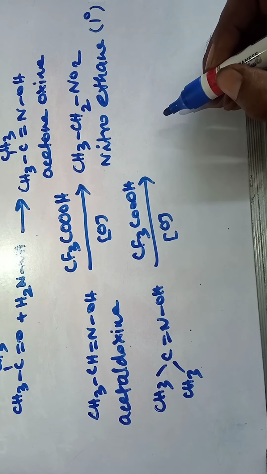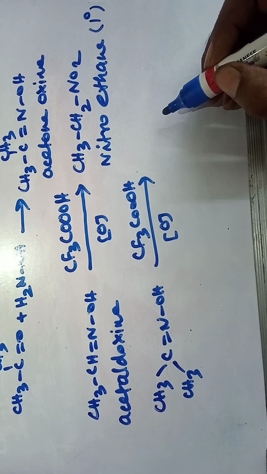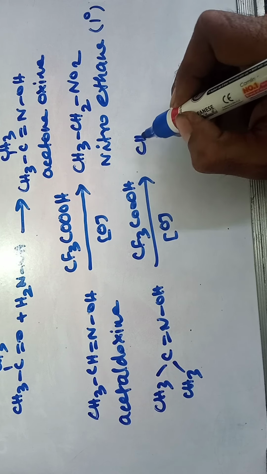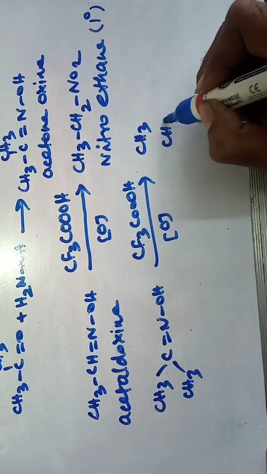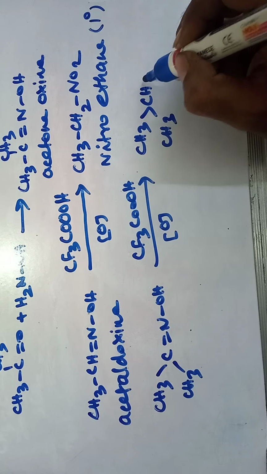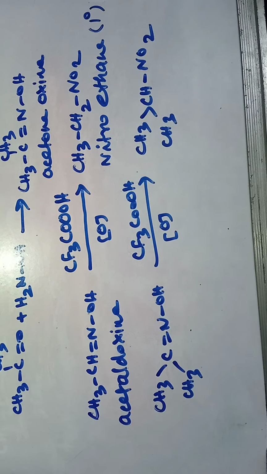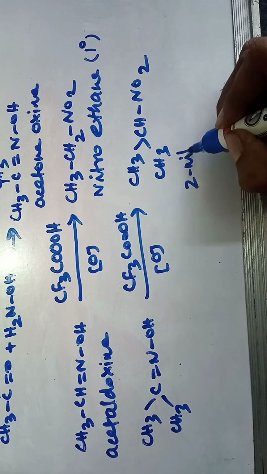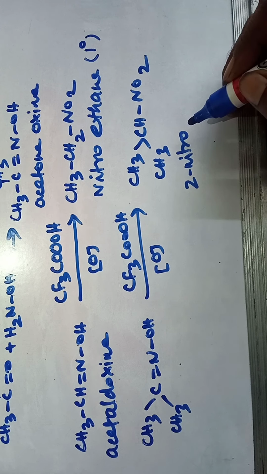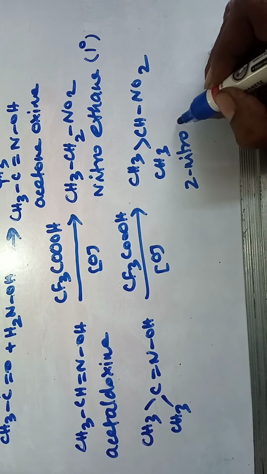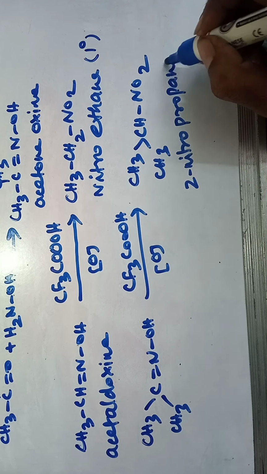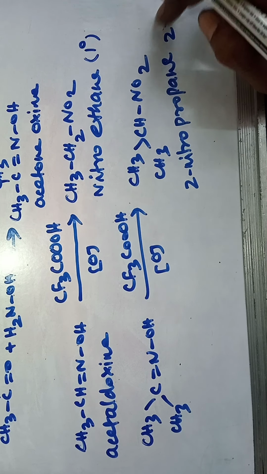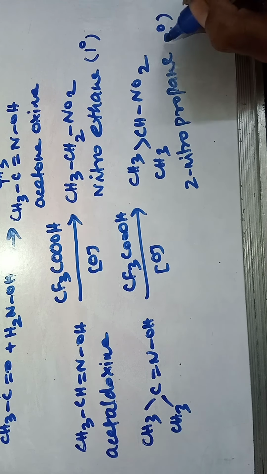It gives 2-nitropropane, CH3 CH3 CHNO2. This is the 2-nitropropane. This is the secondary nitro compound or 2 degree nitro compound.